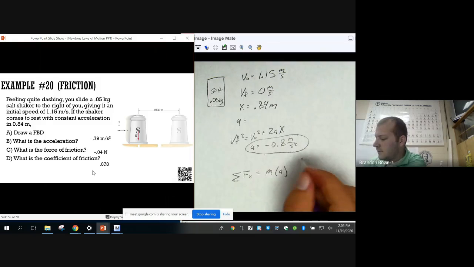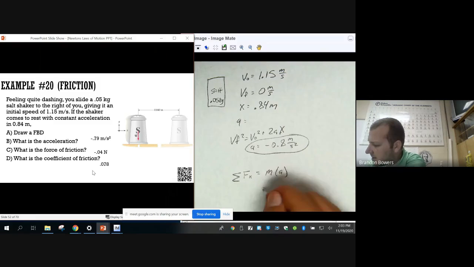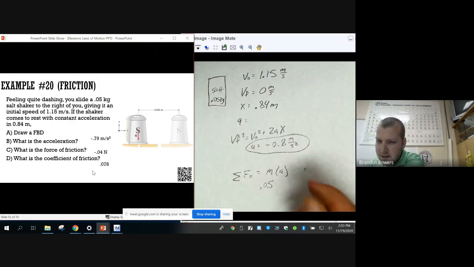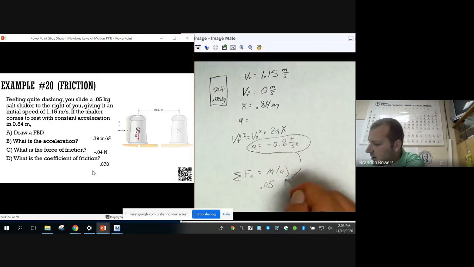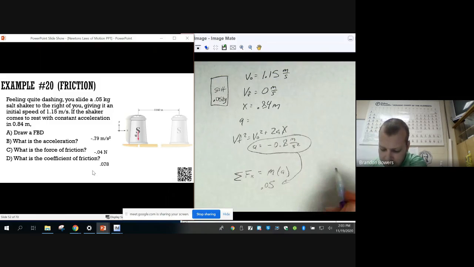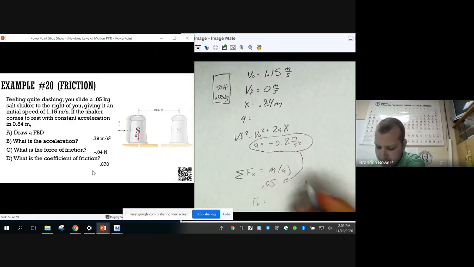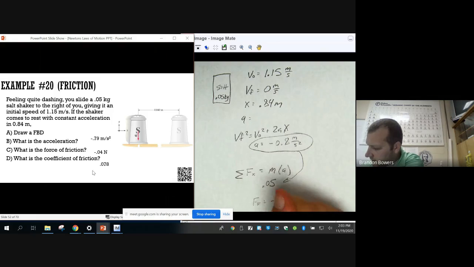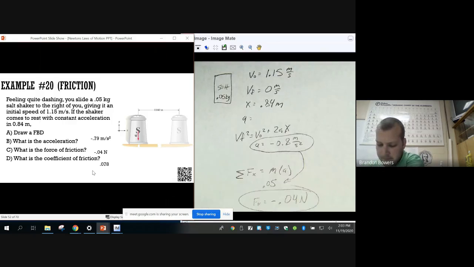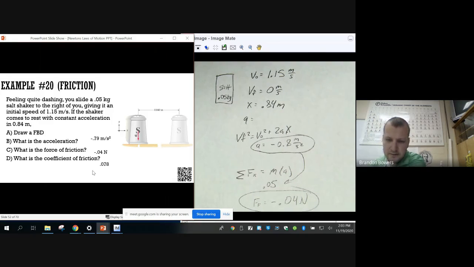My mass was 0.05, and the acceleration I just solved for. If you plug those two numbers together, the force of friction is equal to negative 0.04 newtons. That's how you would solve example 20.